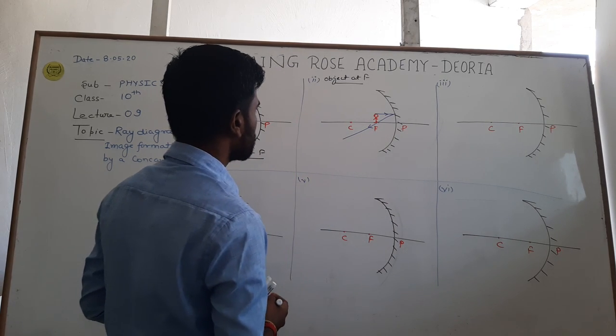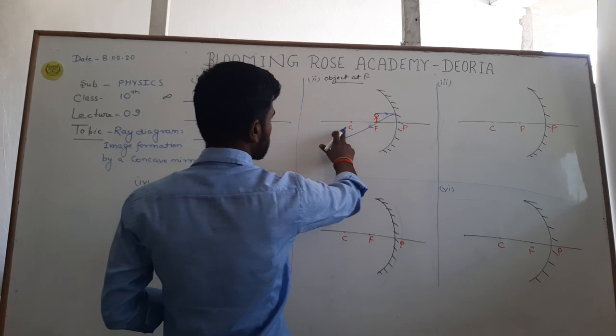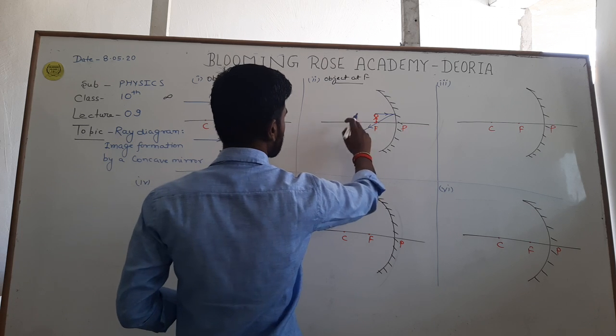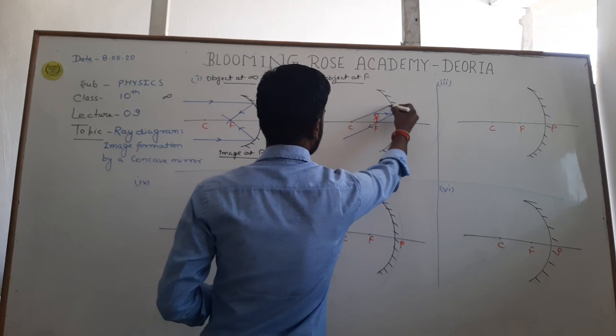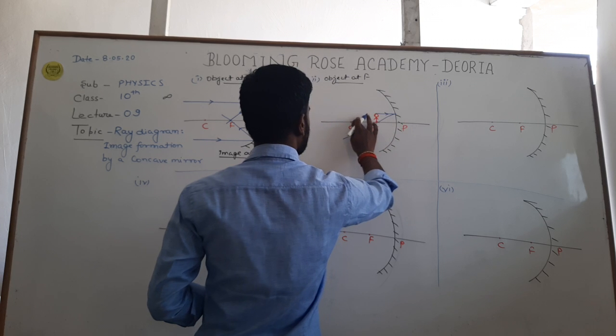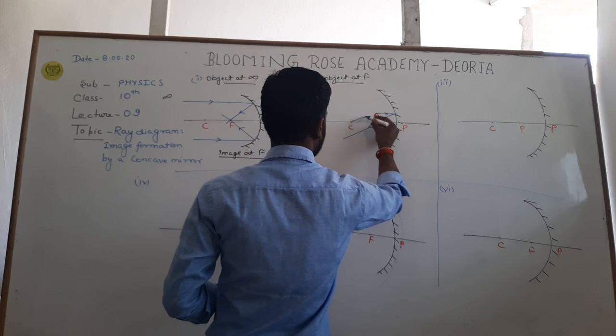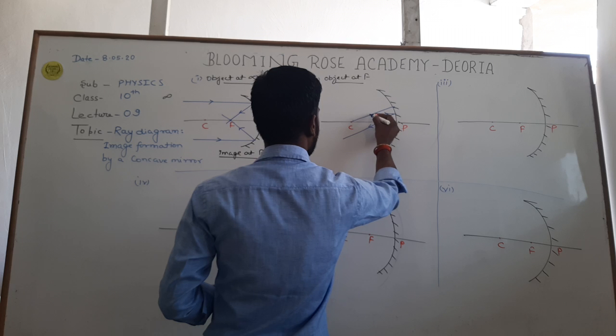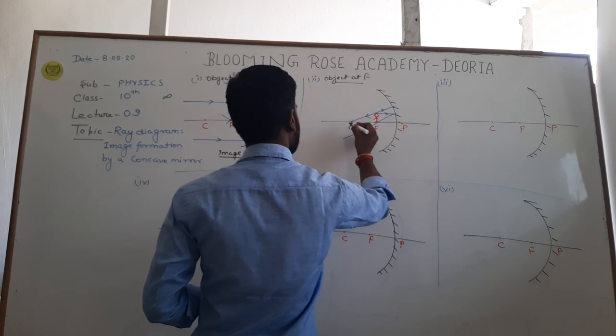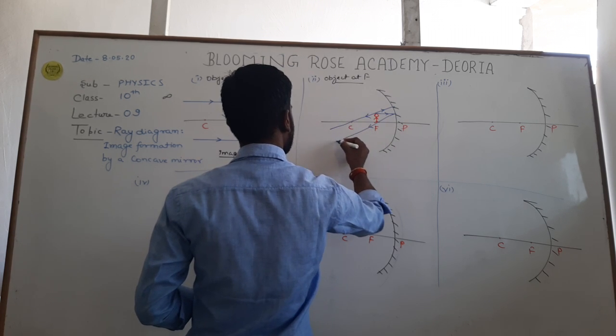Now second, you have to pass the ray through the center of curvature C. Through the center of curvature C it will go straight and come back through the same straight path.